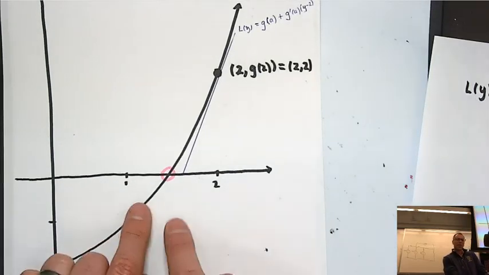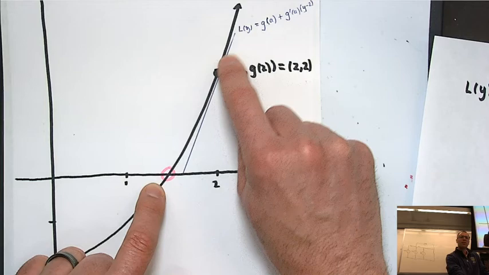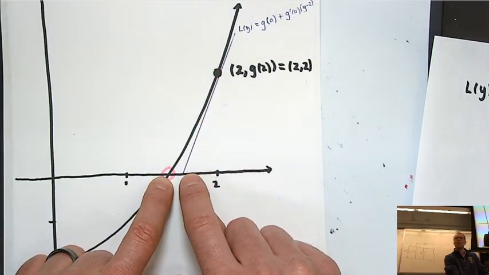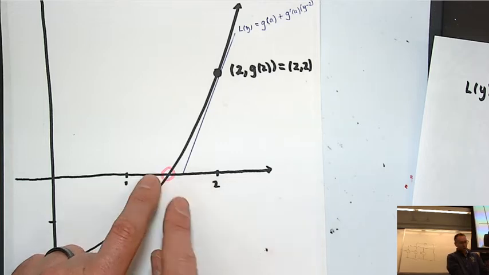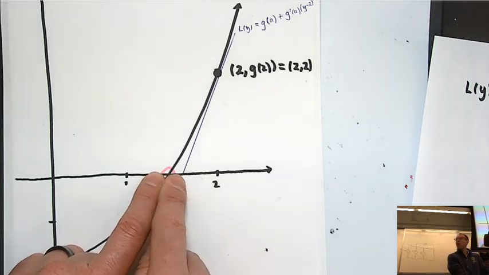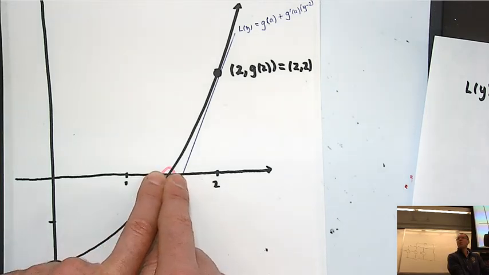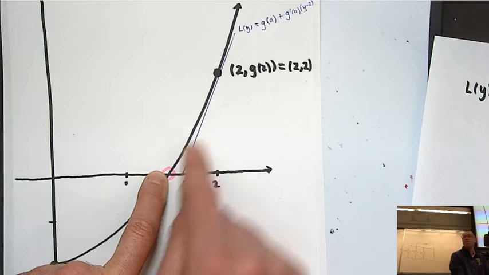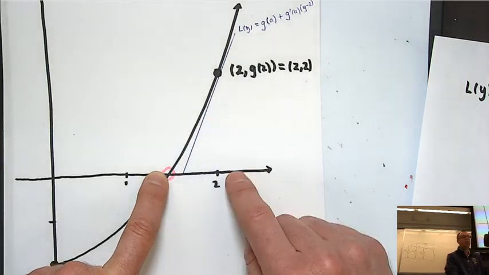Well, I don't know this, but I have an equation for this line. Could you guess how I might approximate? The y value at which the line is 0 may be closer to what we want than the initial y value of 2, right?